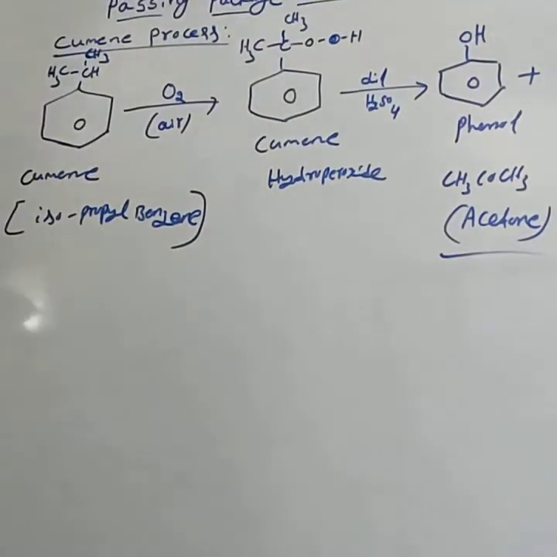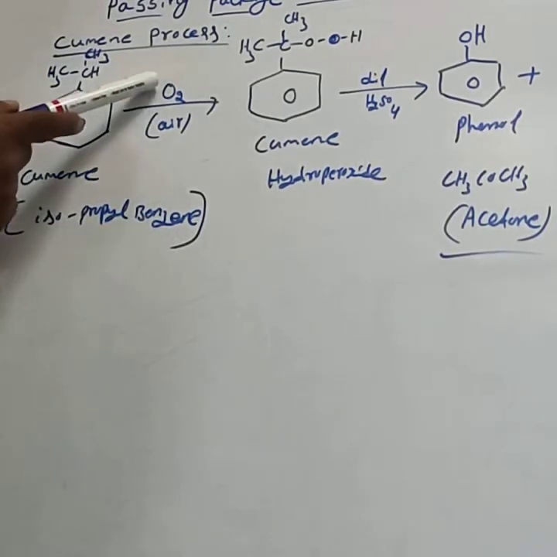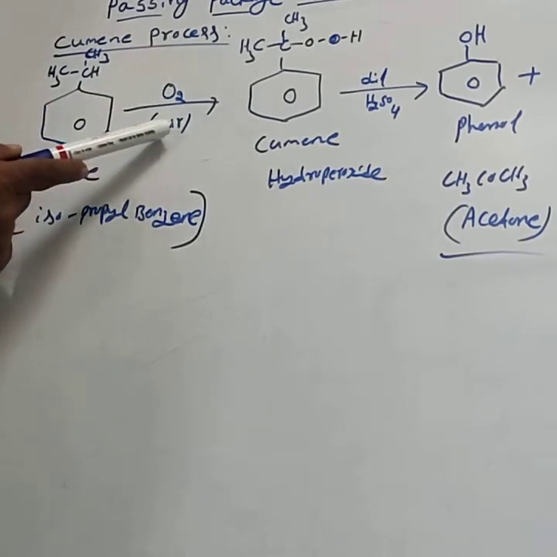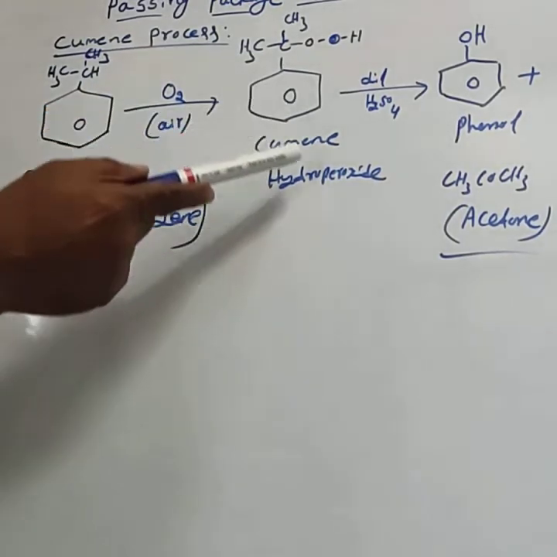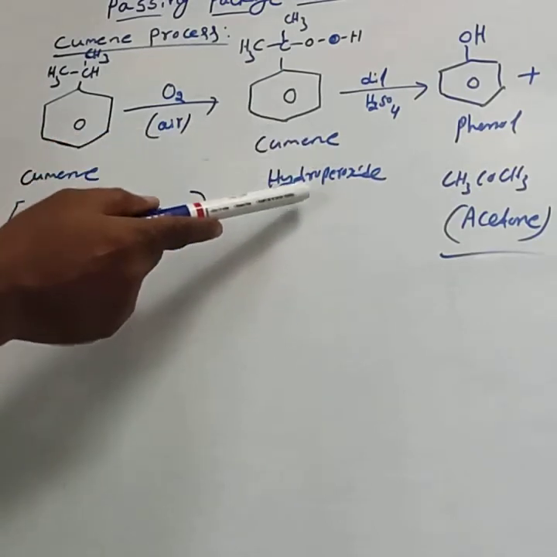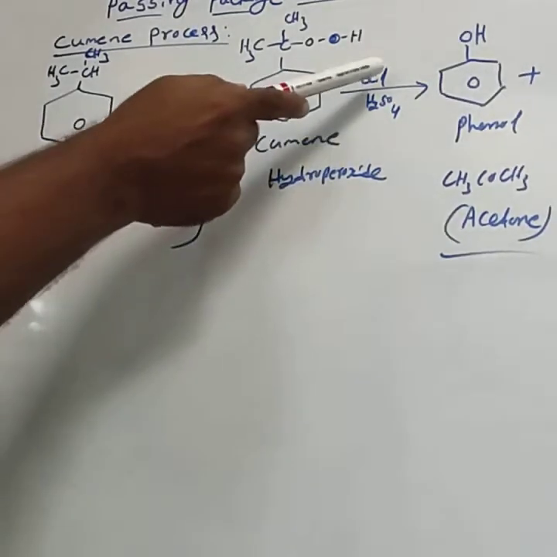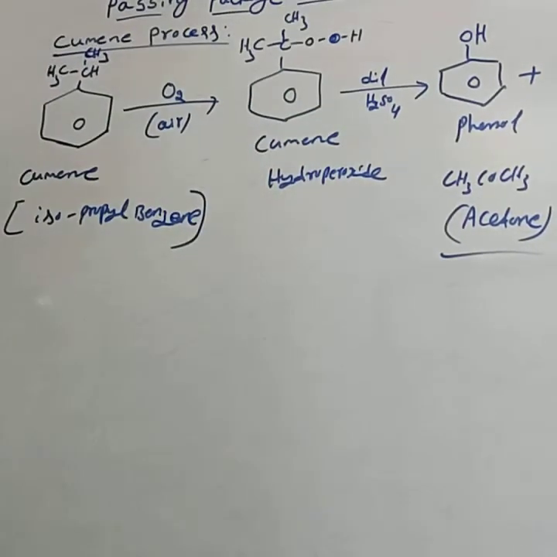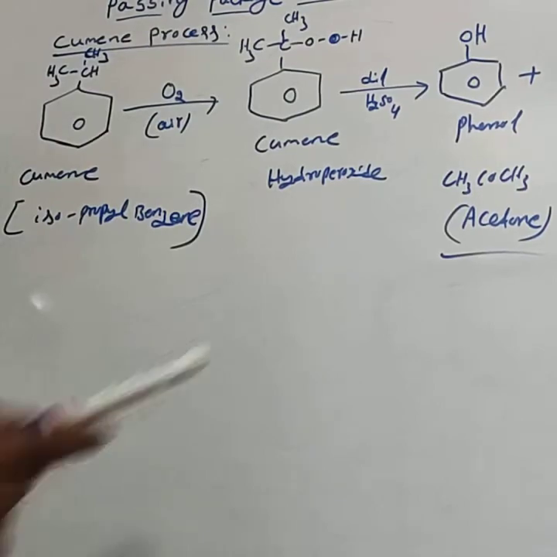This process is called the cumene process. This is important for the 2 marks. Cumene process means cumene, isopropyl benzene, is oxidized in the presence of air to form cumene hydroperoxide, which is then treated with dilute H2SO4.